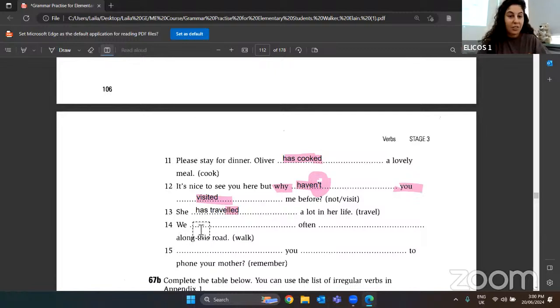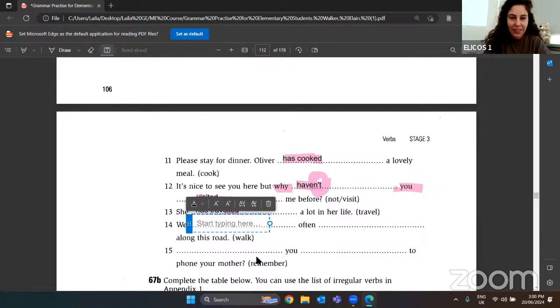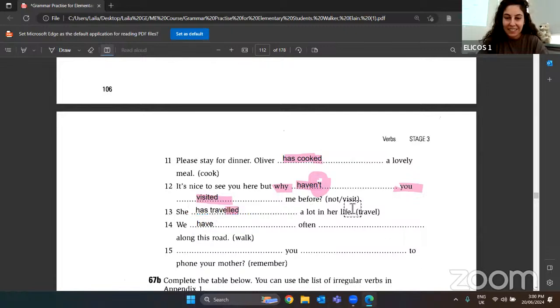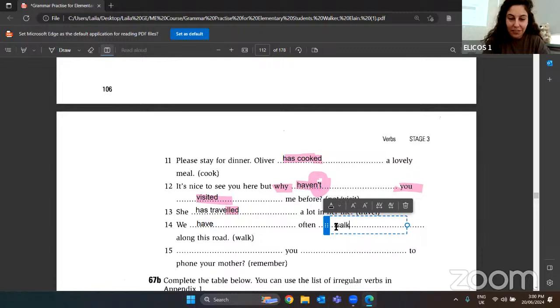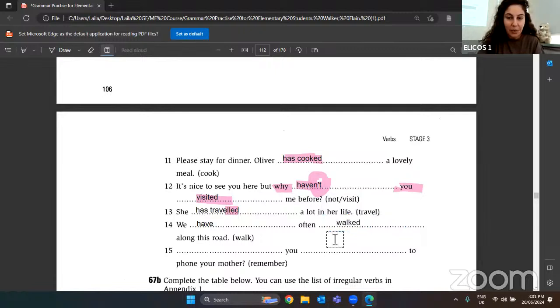14. We have often walked along this road. Yes, we have often walked along this road. So you could see the action might still be happening, and it didn't say when. Remember, with the present perfect, we're not saying when we did this action.